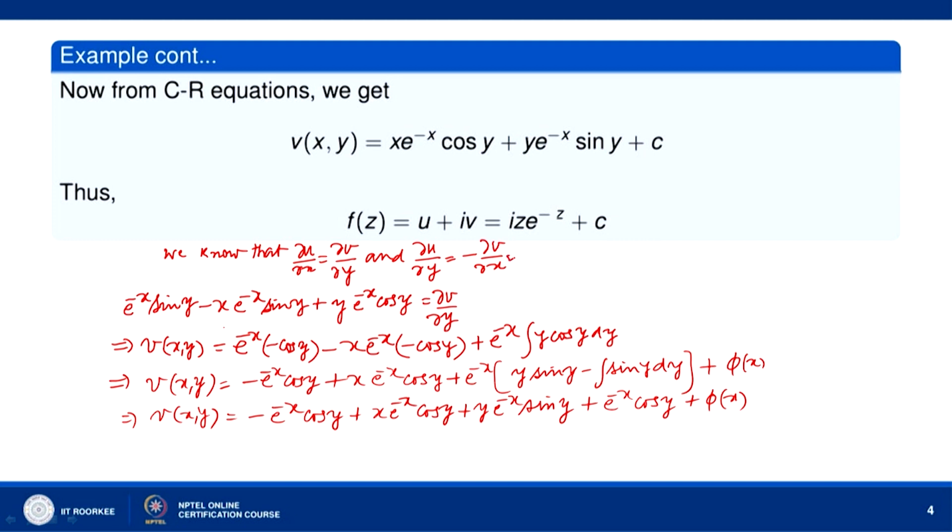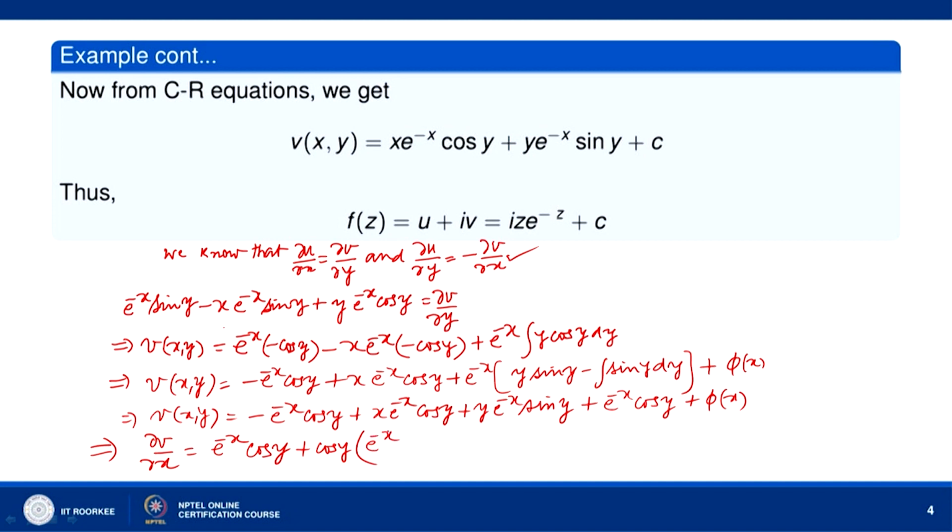Okay. Now, in order to determine this unknown function phi(x), we will have to use this second equation. Okay. So, in the second equation we need the derivative of v with respect to x. So, let us differentiate this equation with respect to x. When we differentiate this with respect to x, we get derivative of e to the power minus x is e to the power minus x into minus 1. So, we get e to the power minus x cos y, and here cos y times derivative of x is 1.